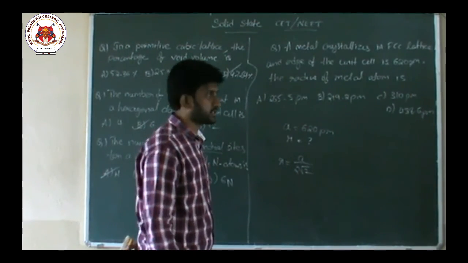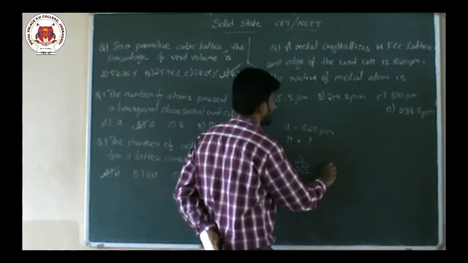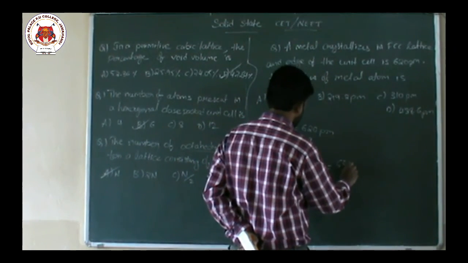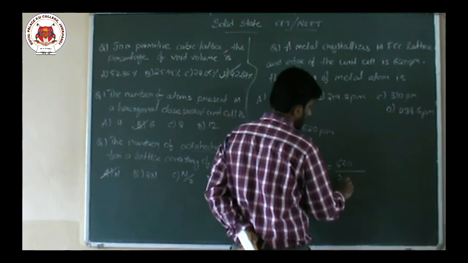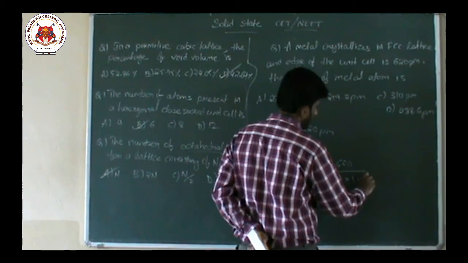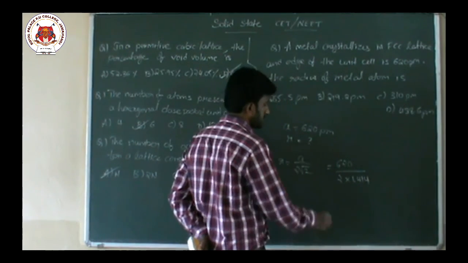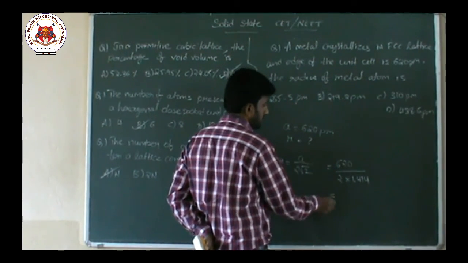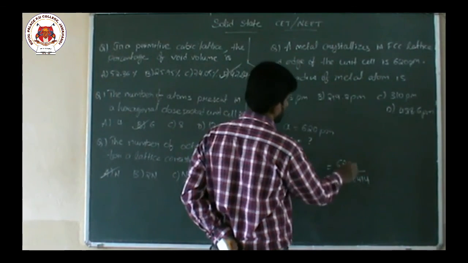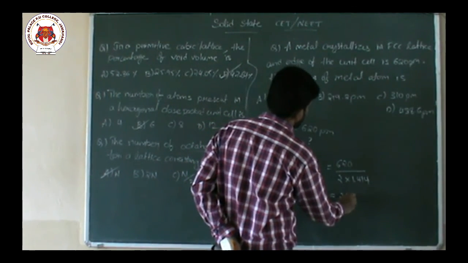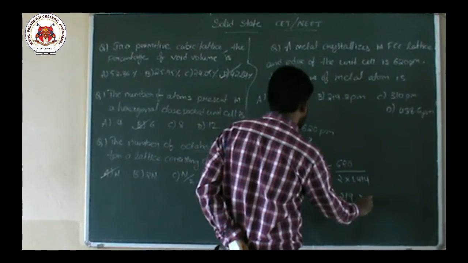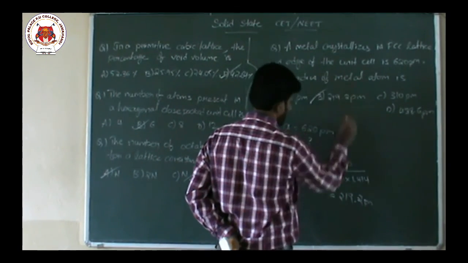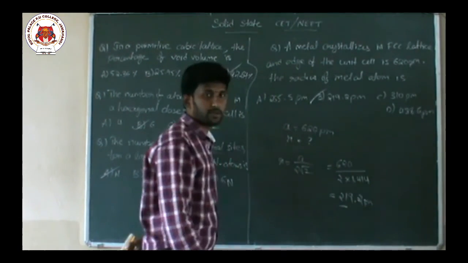So that is equal to 620 divided by 2 into 1.414. If you calculate, you will get 219.2 picometers. That is, you are going to get option B here. Option B. Okay. Thank you.